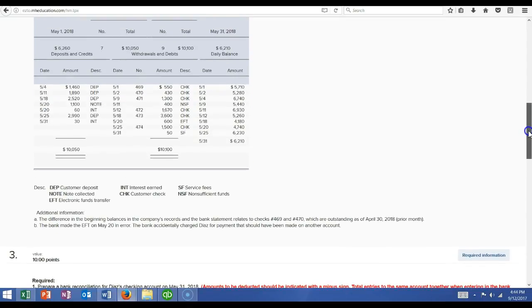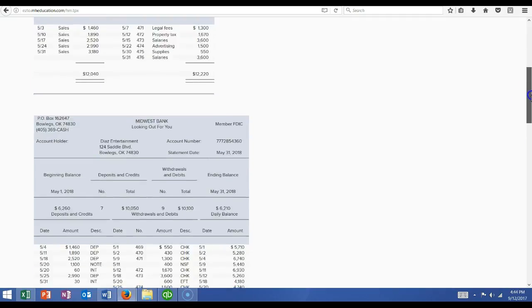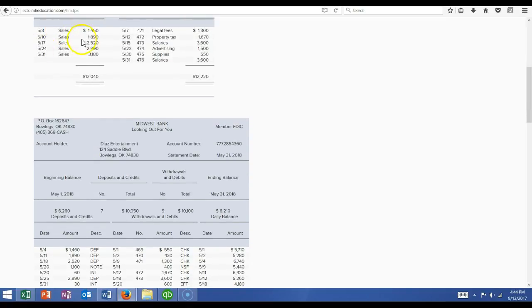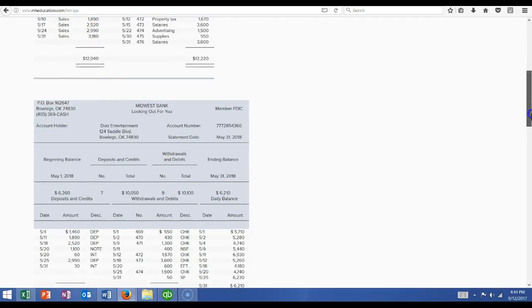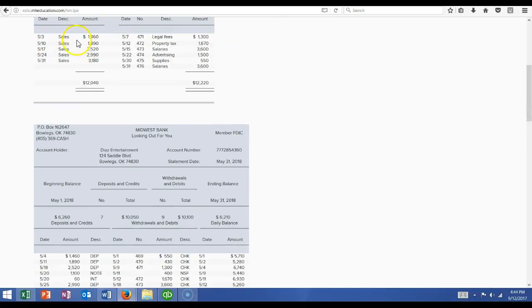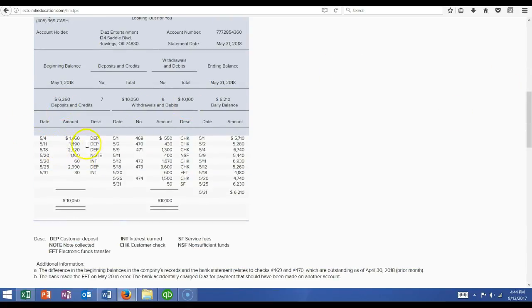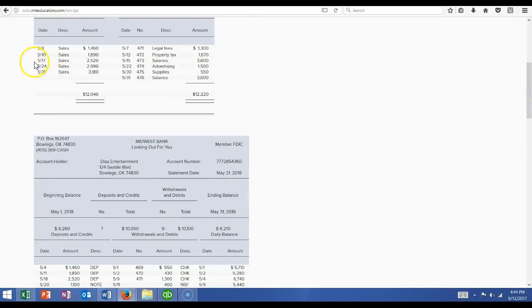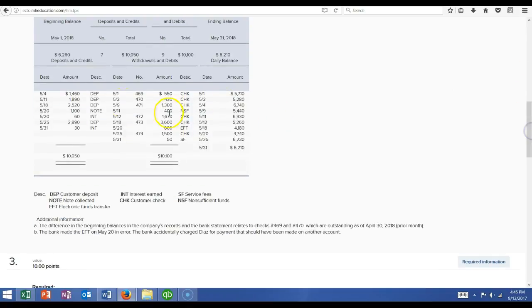If we look, we see May 3rd deposit of $1,460. We see a deposit here on May 4th of $1,460. We see May 10th deposit of $1,890. I see a May 11th deposit of $1,890. I see a May 17th deposit here of $2,520. I see that May 18th here of $2,520.